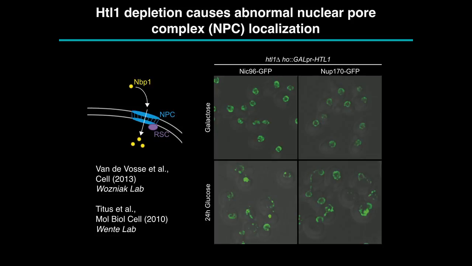So I had a look at nuclear pore complexes in the HTL1 shutoff strain, and I used 2 markers, NIC96 and NUP170, marked with GFP. You can see that growth in galactose shows nuclear pore complexes that are healthy and diffuse around the nuclear envelope. However, when we deplete the cells of HTL1 by growth in glucose for 24 hours, we start to see aggregation of the nuclear pore complexes, which signifies stress.